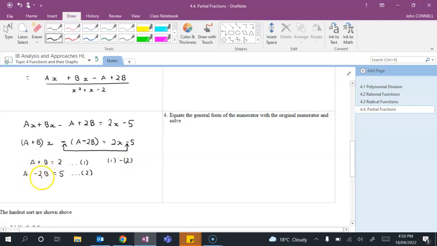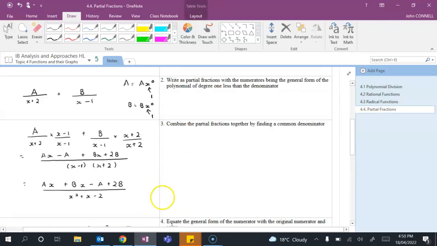I'll get b take minus 2b, so b plus 2b, that'll be 3b. And if I do 2 take 5, that's minus 3. So b is equal to minus 1. And then a plus minus 1 equals 2, so a is equal to 2 plus 1, which tells me that a equals 3. So I've found a and b.